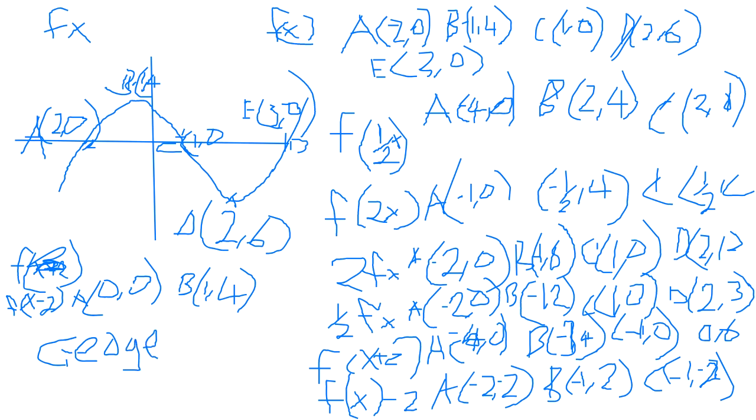You can download it on your phone, Android or iPhone. You can put f of x, then you can see the points. You can put 2 times f of x, then you will see your point. f of half of x, you see it follows this. So you can get any translation that you want on the graph. Is that clear?